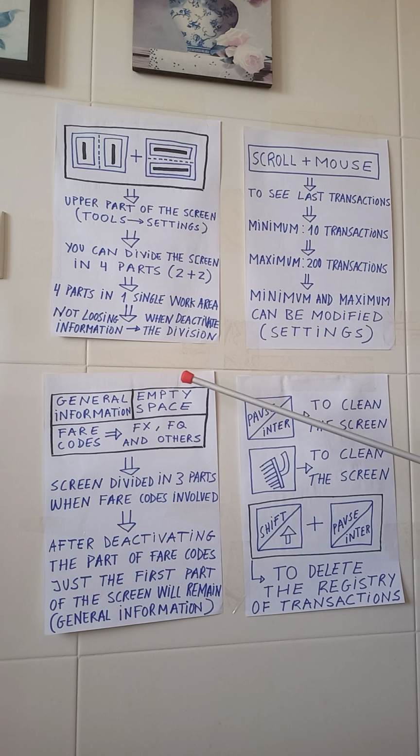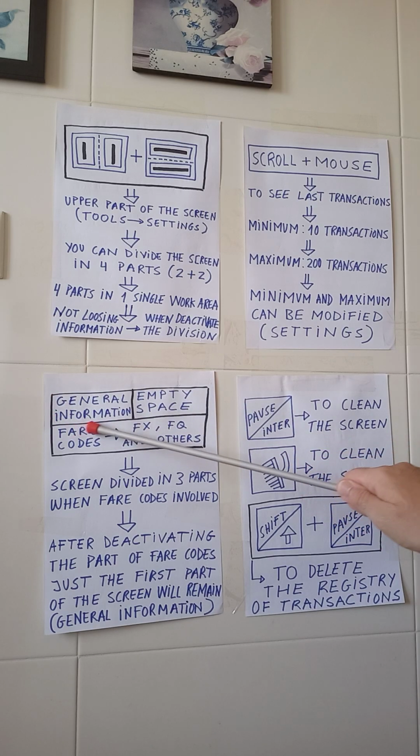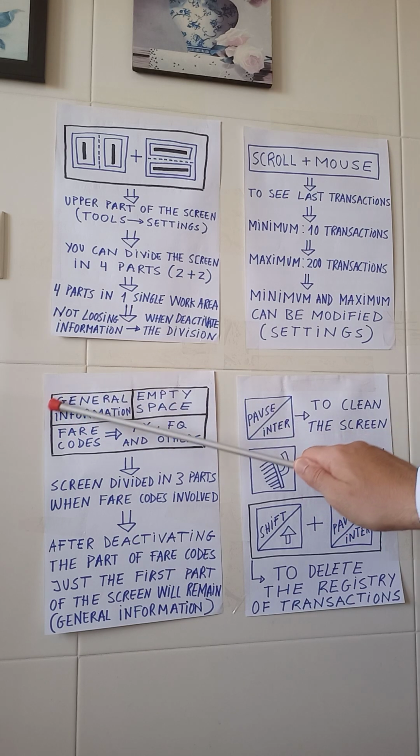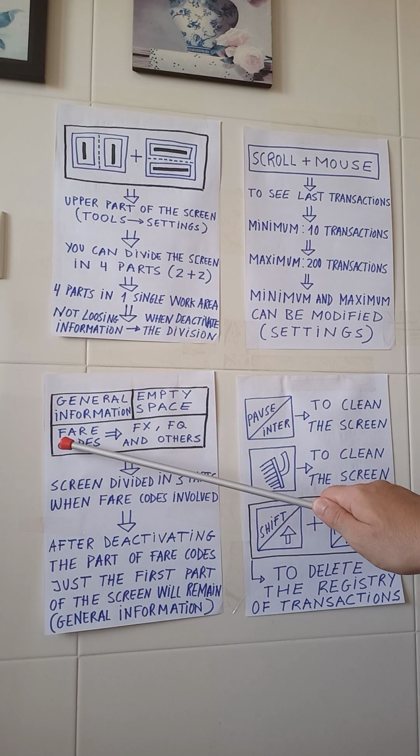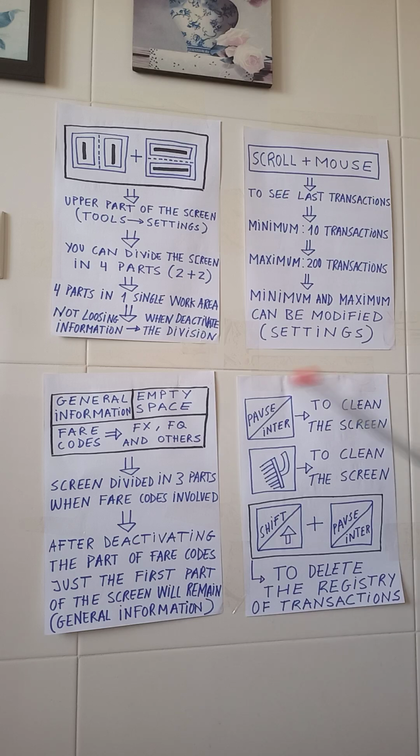So, originally, imagine that you have the screen just with two parts, these two parts, okay? This is the first situation before starting with fare codes, okay? Let's imagine just this, with the screen divided vertically, like this one. This is the original situation.